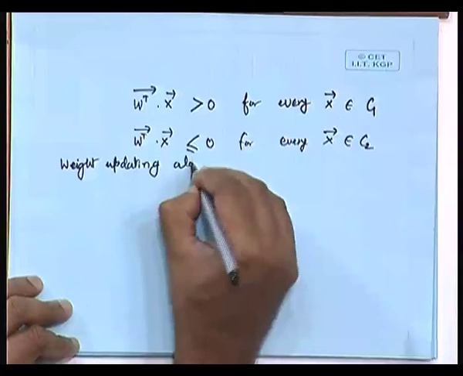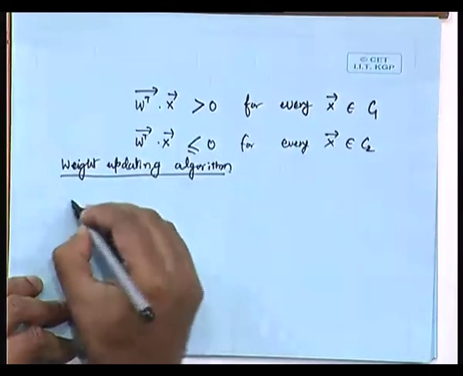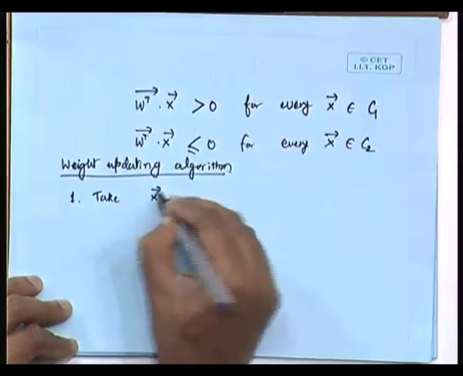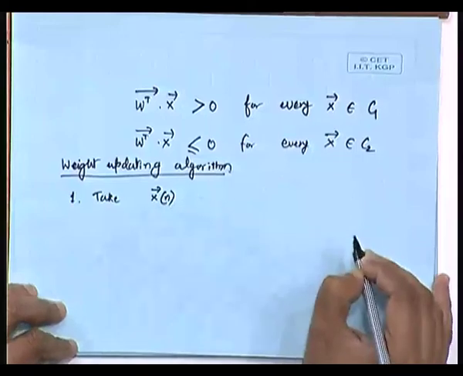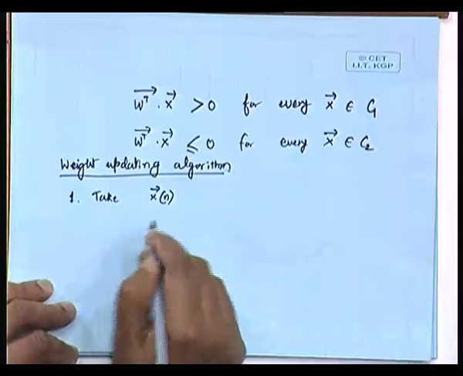So, for the weight updating algorithm, let us take the nth member of the set, that means xn, the xnth vector, as the input pattern.